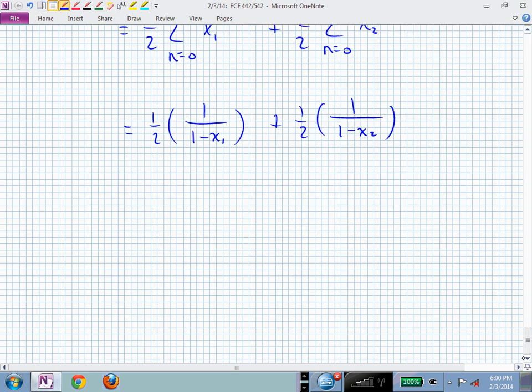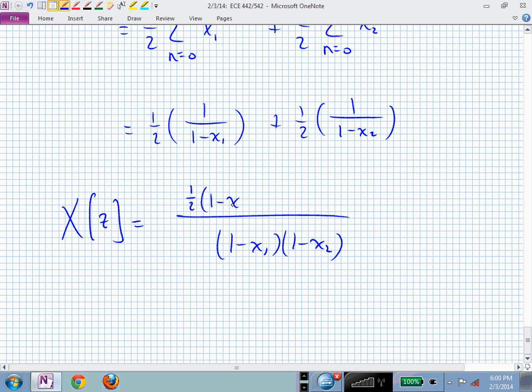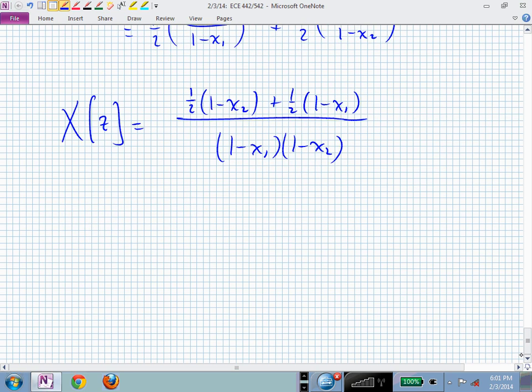But this now says that X of z is now equal to, and I hope you appreciate why I'm calling that x1 and x2, so I don't drop all those minus signs and thetas, etc. This is now 1/2 1 minus x2, and if we do the algebra, we end up with 1/2 and 1/2.